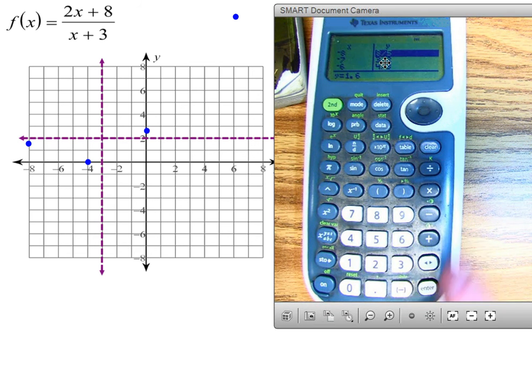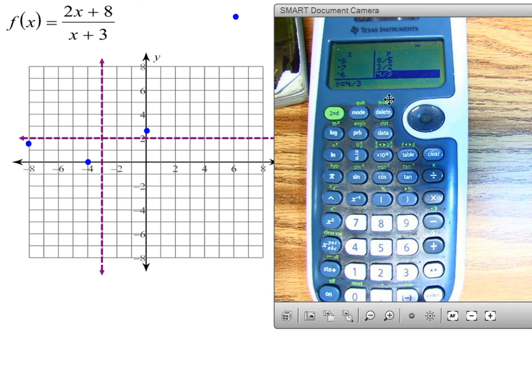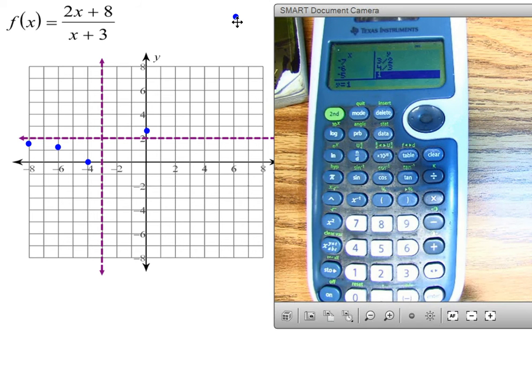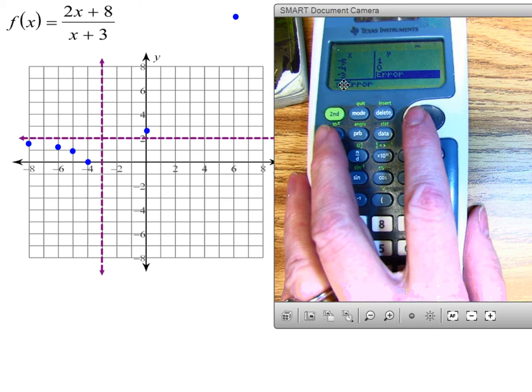We'll toggle down and put a couple more points in. At 6, I'm at 1.33333333, just a little bit higher than 1. At 5, I'm actually at 1. At 4, I'm at 0. At -3, I'm at error.